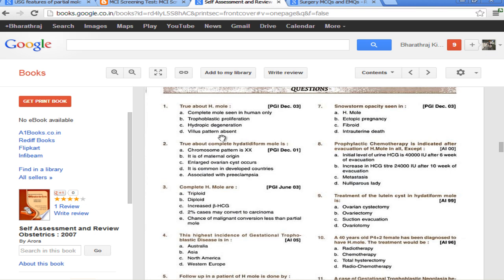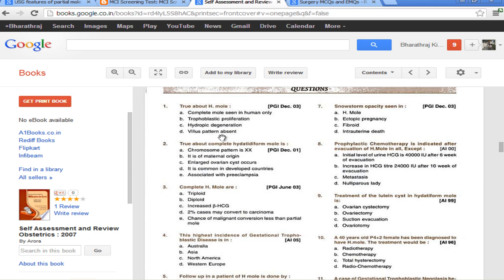The villus pattern will be absent in one particular type of trophoblastic disease called the choriocarcinoma. There are four types of trophoblastic diseases: H mole, that is hydatiform mole, invasive mole, placental site trophoblastic tumor, and then you have your choriocarcinoma.